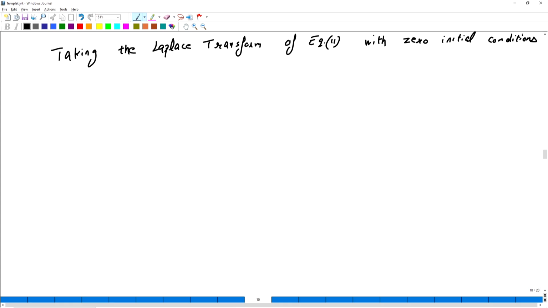We always consider 0 initial conditions whenever we take the Laplace transform. So this can be represented as s square y of s plus c upon m s into y of s plus Ks upon m into y of s equals 1 upon m into f of s.